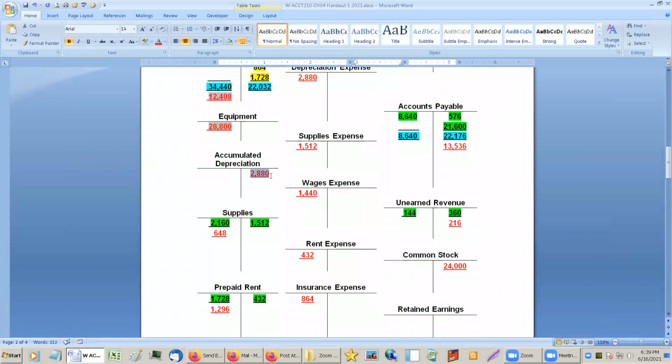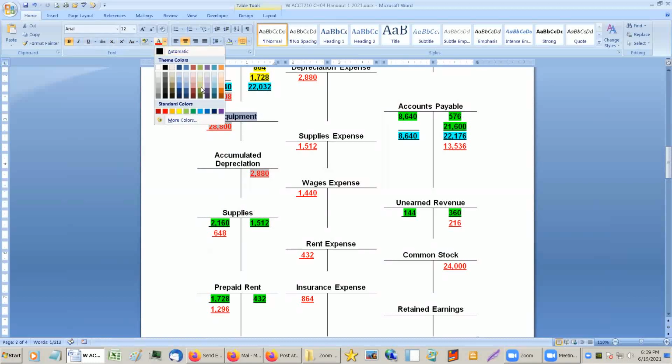Oh, this is a kind of a fun new one, and that is accumulated depreciation. These two accounts go together. And we'll see why next chapter, but anyway, what we're saying is this equipment really isn't worth 28,800, it's worth 28,800 minus this depreciation.